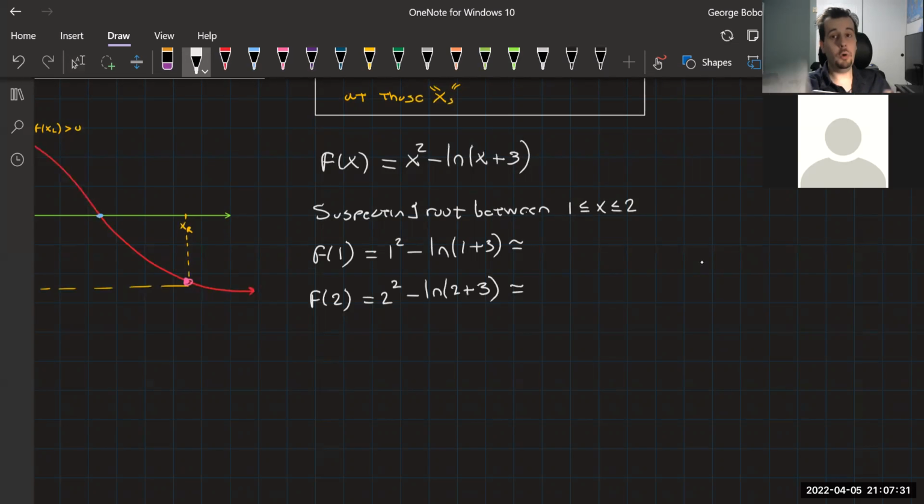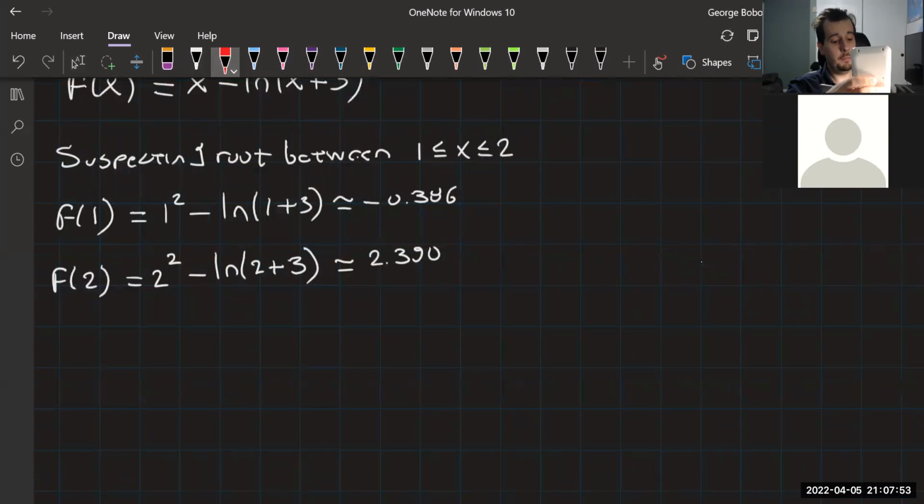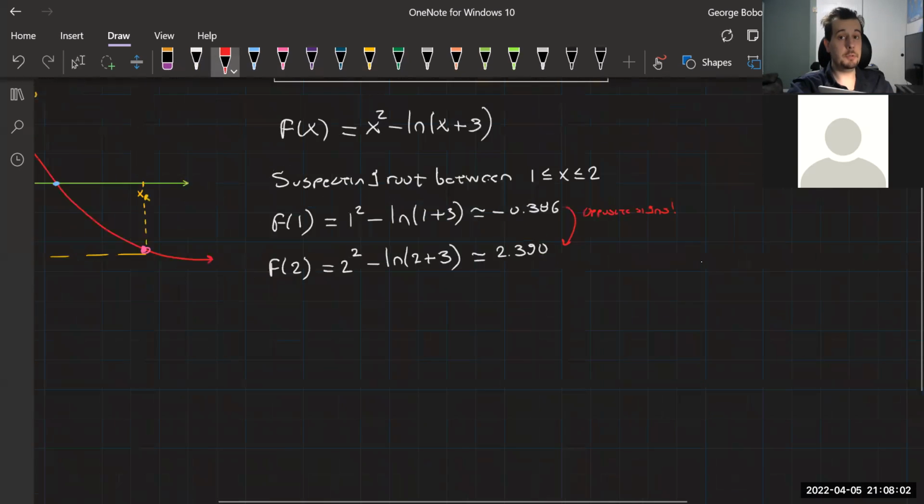So top one, 1 minus ln of 4 is negative 0.386. And then the other one is 4 minus ln of 5, and that is 2.39. You see what's going on? You have opposite signs for the function.